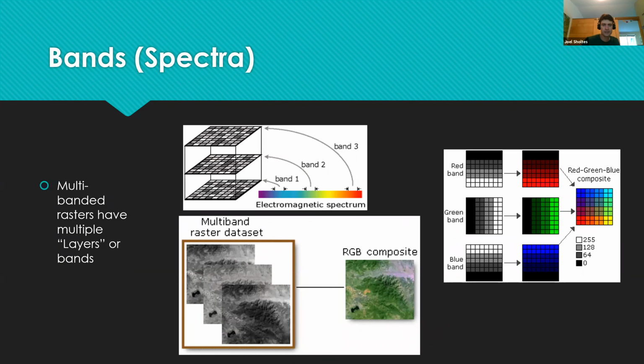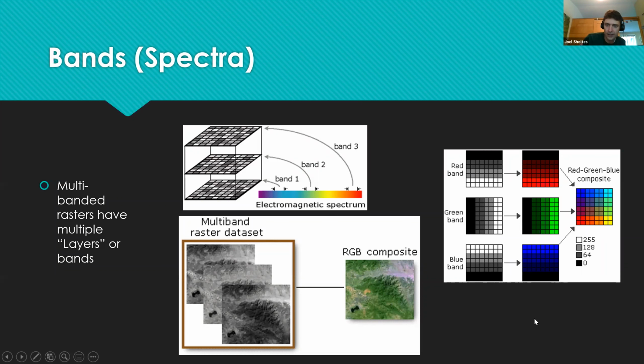Rasters can have bands, and bands are basically layers or sandwiches of rasters. And we think of bands often with visual data or color data. If we were to have, for example, a red, a green, and a blue band, those could be represented either by color or just by black and white, because it's just 1 to 255 that is usually the color range that we have for color data or imagery data.